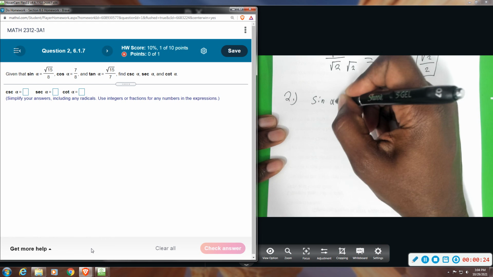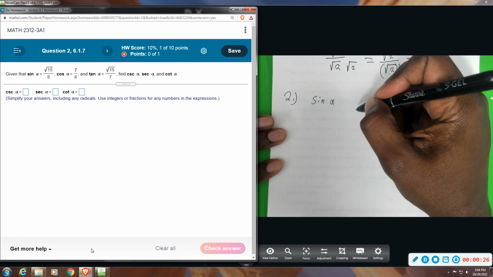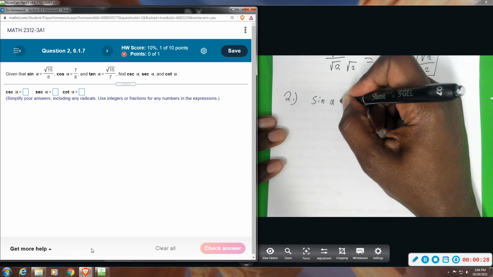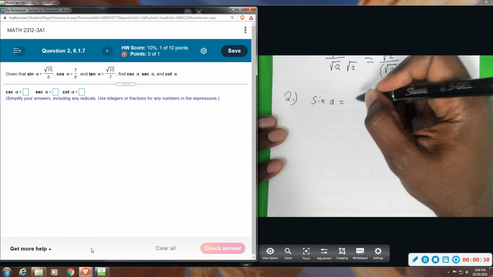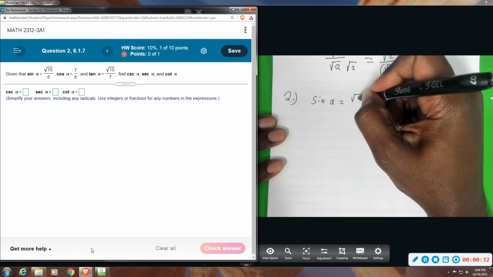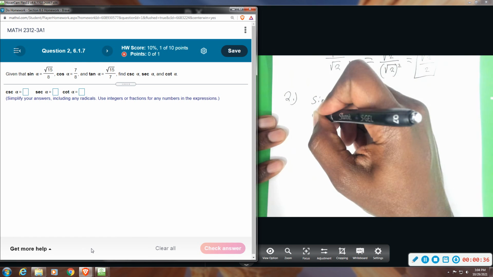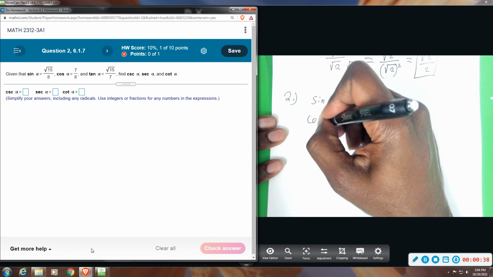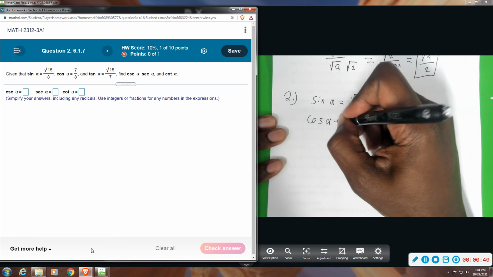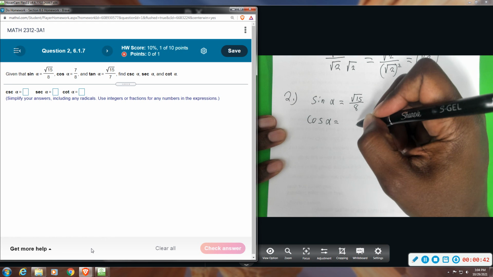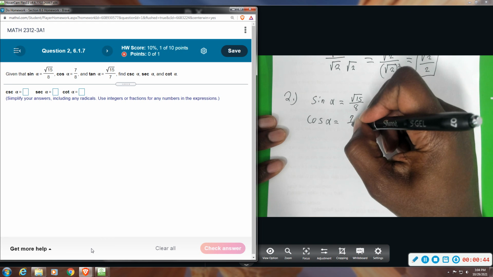So it's like an X with a tail on it. That's kind of how I draw them. Sine of alpha is equal to the square root of 15 over 8, and then cosine of alpha is equal to 7 over 8.